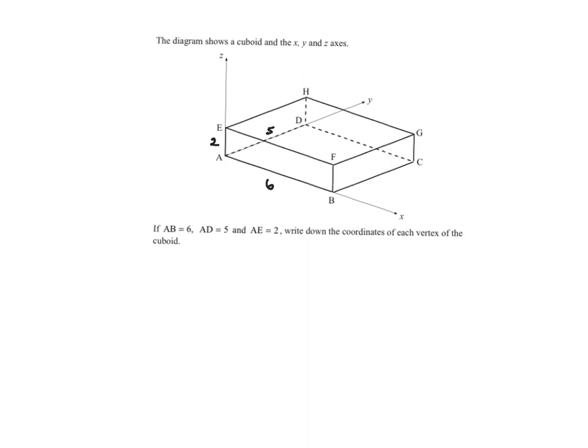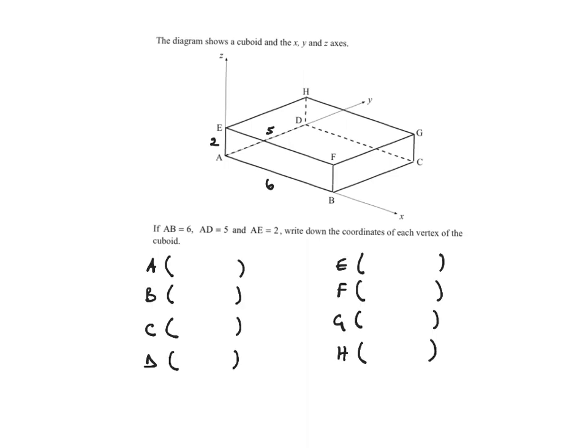And what we want to do is to list all 8 of the vertices and write down their coordinates. So we need 3 numbers, an x, a y and a z coordinate. Now A is nice and simple. Here is A here. A is the origin, that's going to be 0, 0, 0. Here is B. Now, the first coordinate that we want is the x coordinate.